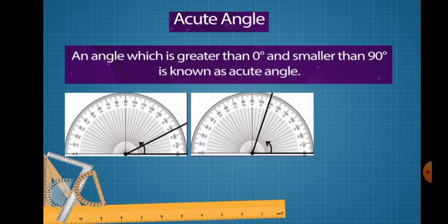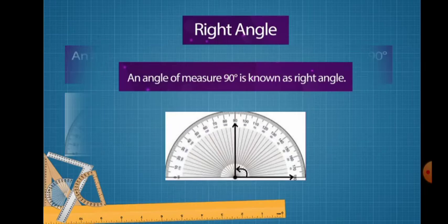Next one, acute angle. An angle which is greater than 0 degrees and less than 90 degrees is known as an acute angle. Then right angle. An angle of measure 90 degrees is known as a right angle.